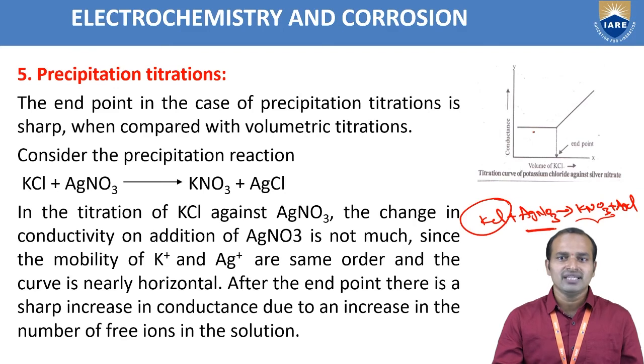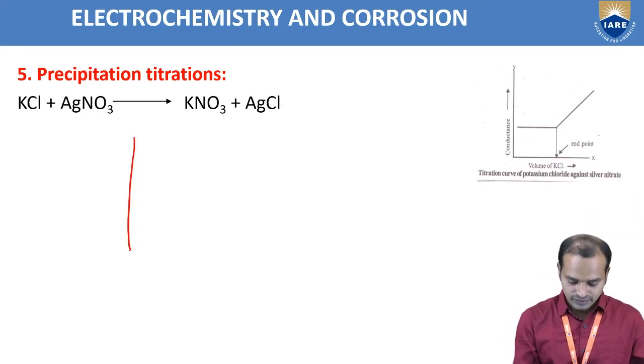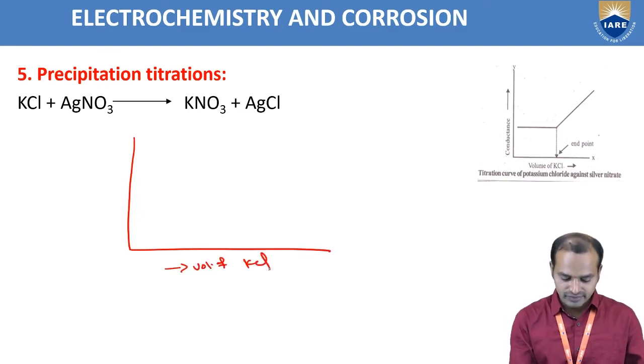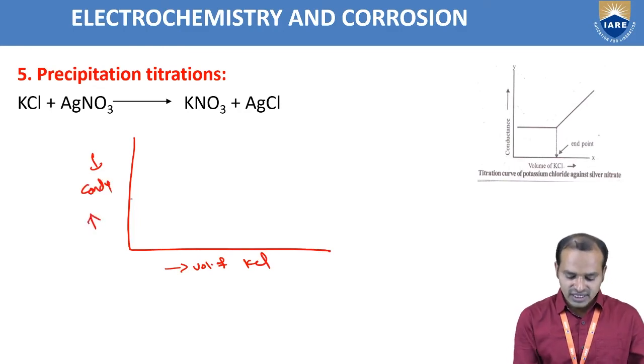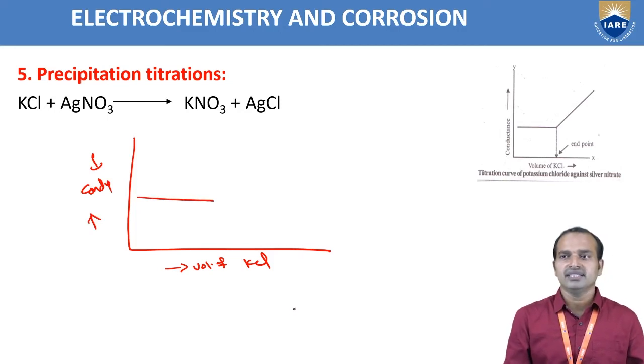After the end point, there is a sharp increase in the conductance due to the increase in the number of free ions in the solution. So this is the volume of AgNO3 on the x-axis, and this is the conductance value. First, there is no change in the conductance.